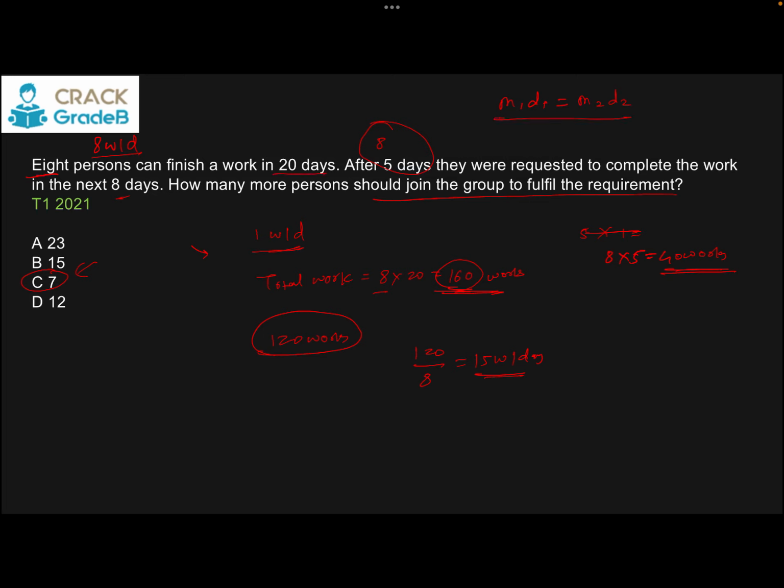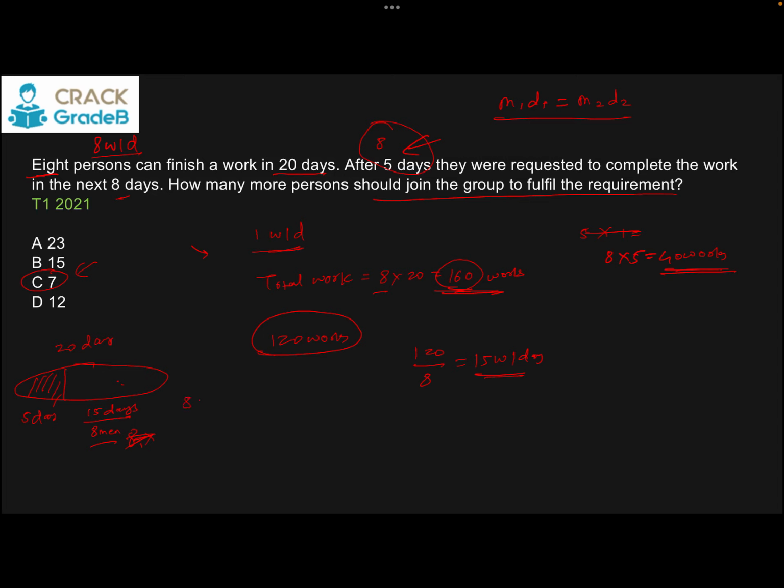All you have to think is 8 people are doing the work in 20 days. So 8 into 20 is the work they did. But they have already worked for 5 days. That means if this is the amount of work that can be completed in 20 days, out of which 5 days' worth of work is already done, just think about the remaining work that can be completed in 15 days. So this is the work that can be completed by 8 men in 15 days.